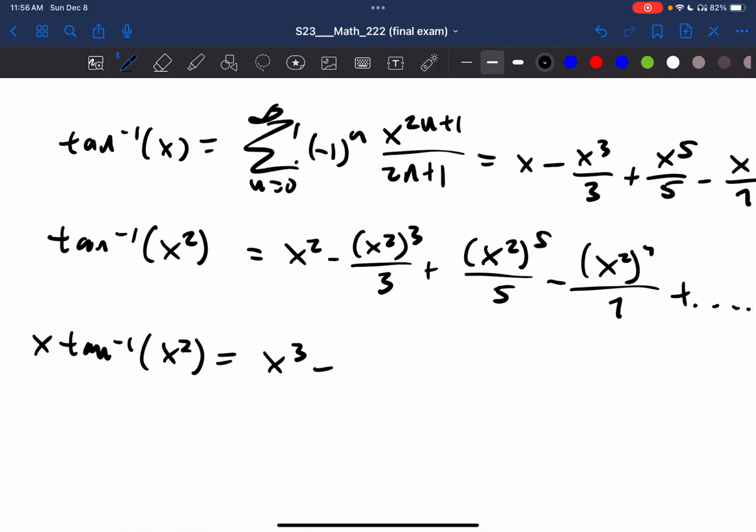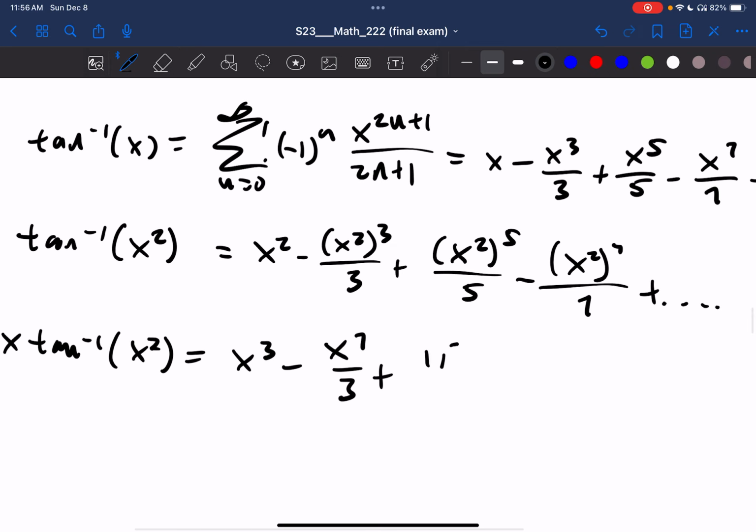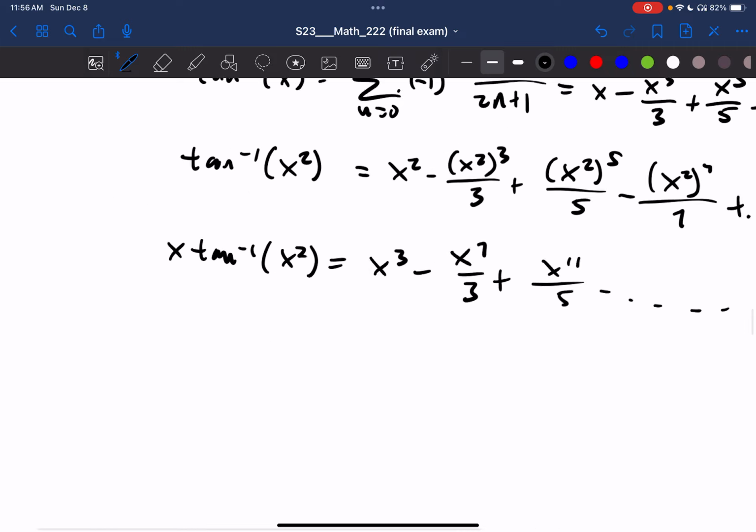So it's going to be a minus x to the 7 divided by 3 plus this to the 10 plus 1, which is going to be 11. So x to the 11 over 5 minus dot dot dot. Don't want to calculate it anymore.